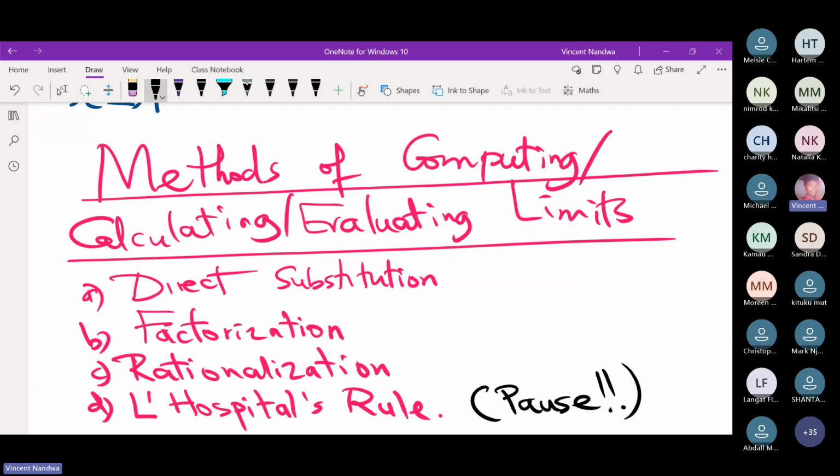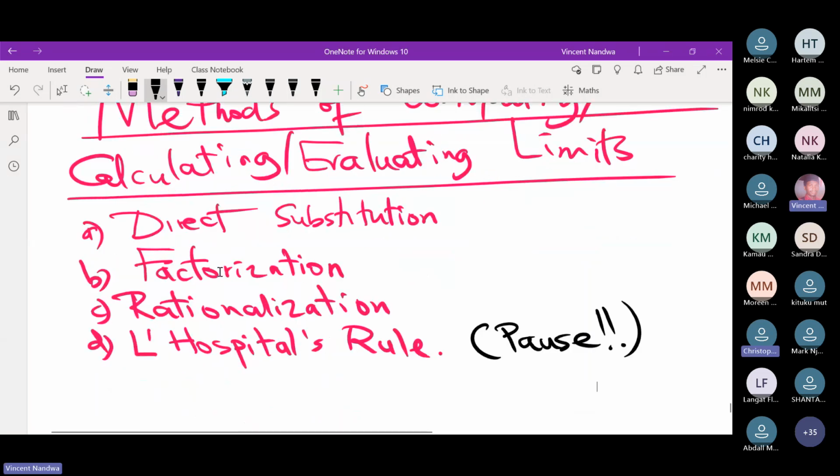So that will come after discussing derivatives of functions. So here what we only discuss is direct substitution, factorization, and rationalization as methods of computing limits. L'Hospital's rule is another method which will be reasonable after understanding how to compute derivatives.